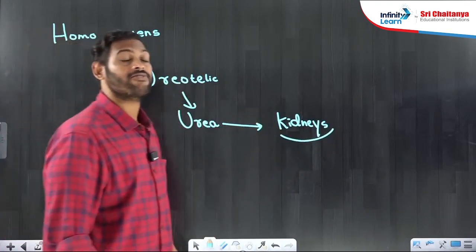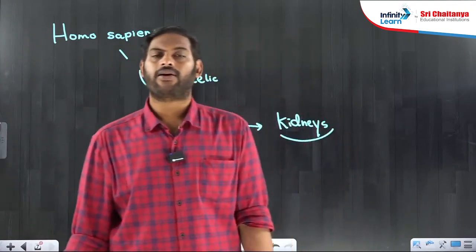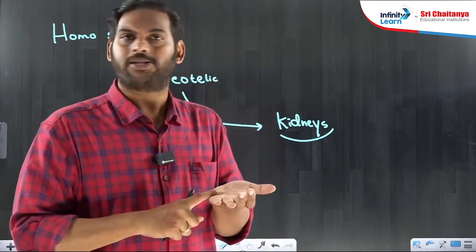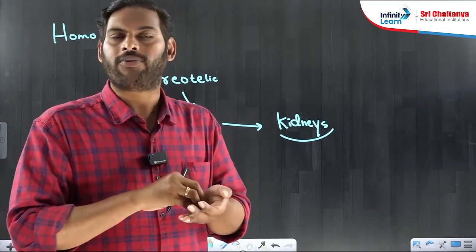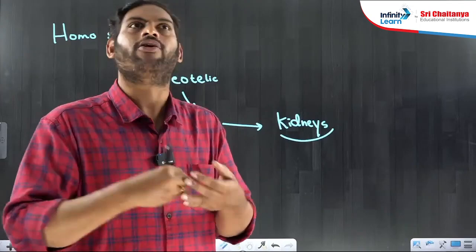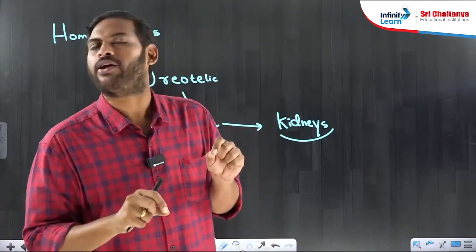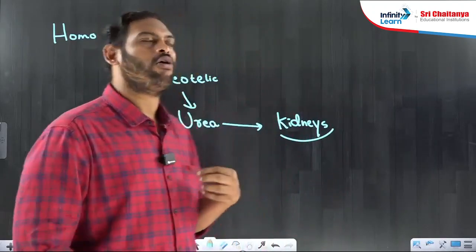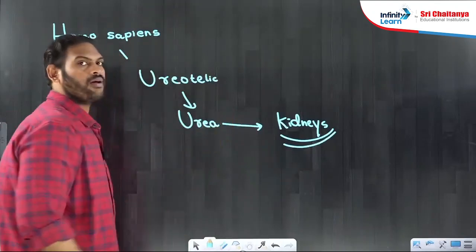Guys, there is an interesting fact here. There are some bony fishes, most of them, even though they possess kidneys, they may not excrete through kidneys always. Bony fishes may excrete their ammonia through body surface or gills also. So presence of kidneys does not ensure that we must use them, but we do use them. We always depend on kidneys for excretion.